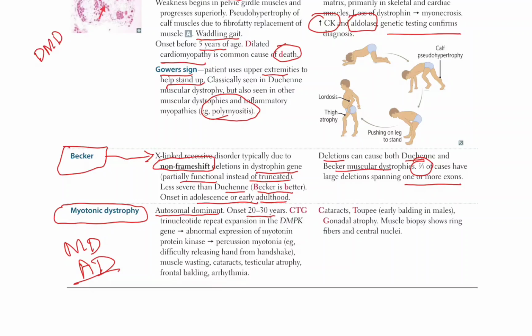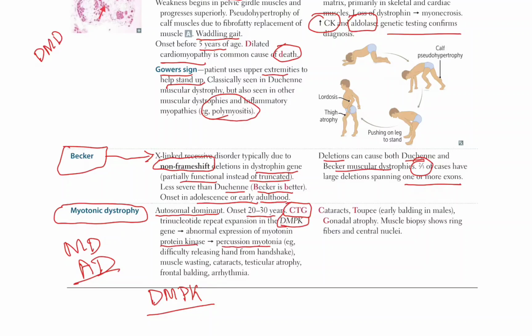It is late onset. So which gene is impacted? A CTG trinucleotide repeat expansion in the DMPK gene. So the DMPK gene is very important. The CTG repeat expansion in the DMPK gene leads to abnormal expression of myotonin protein kinase.